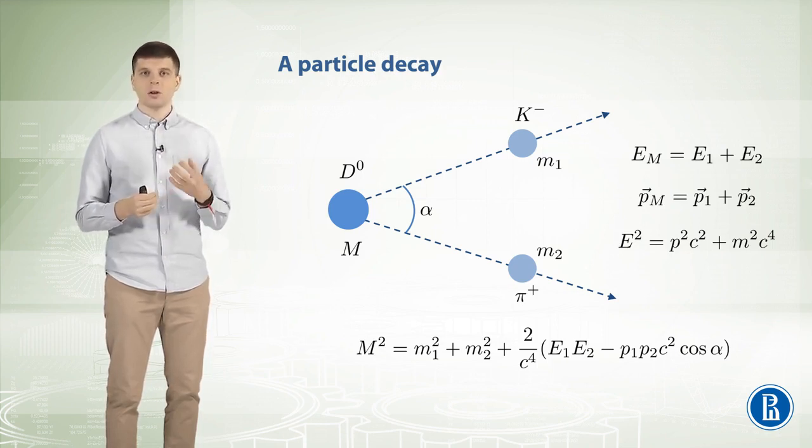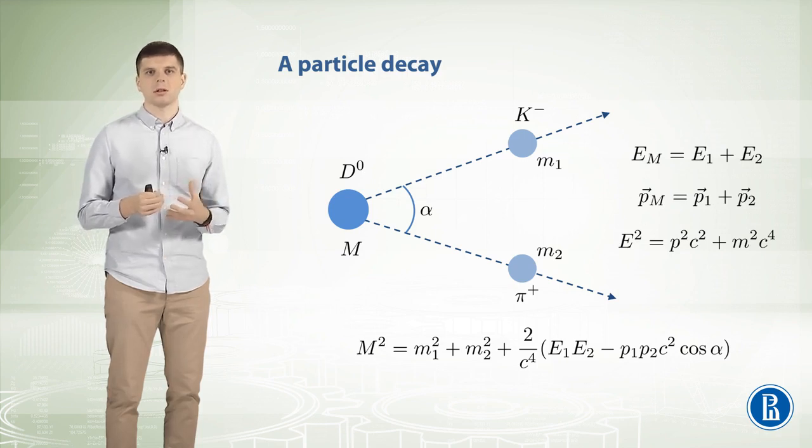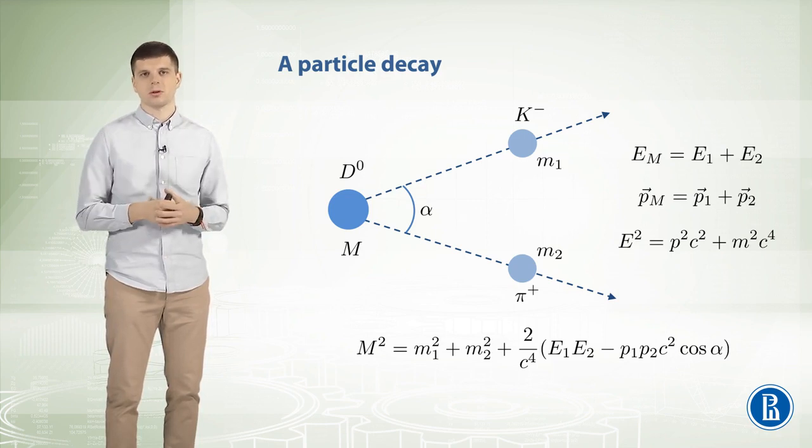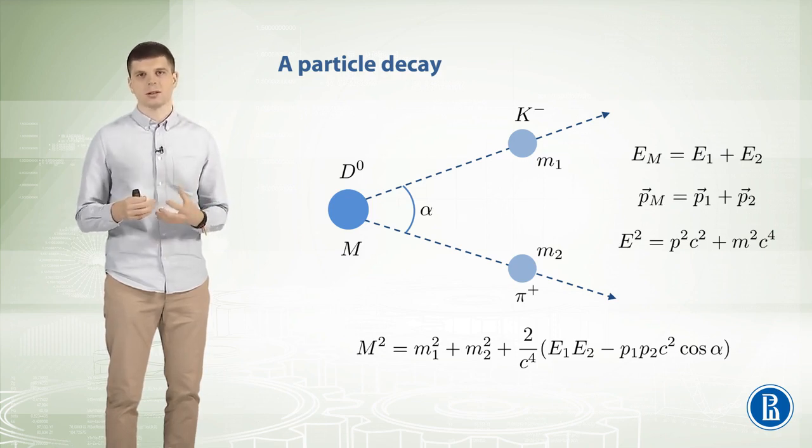However, the daughter particle trajectories are needed not only to measure the angle between them, but also to check that these particles, kaon and pion in our case, originate from the same point, from the same particle. It becomes more important when we have several decays at the same time.